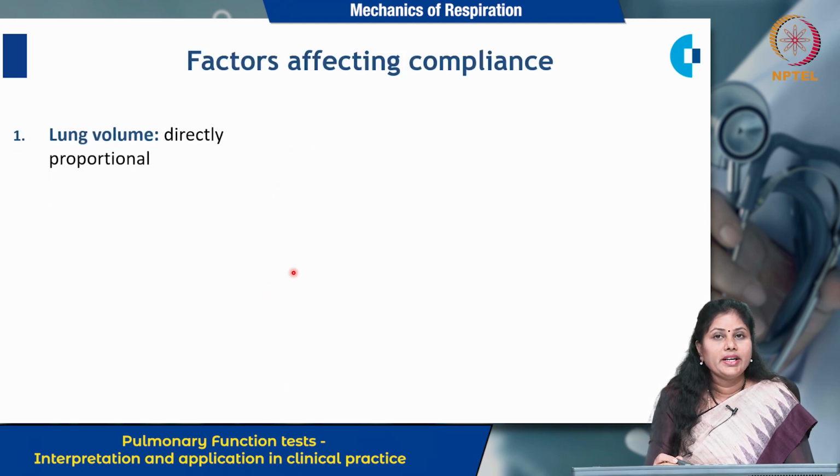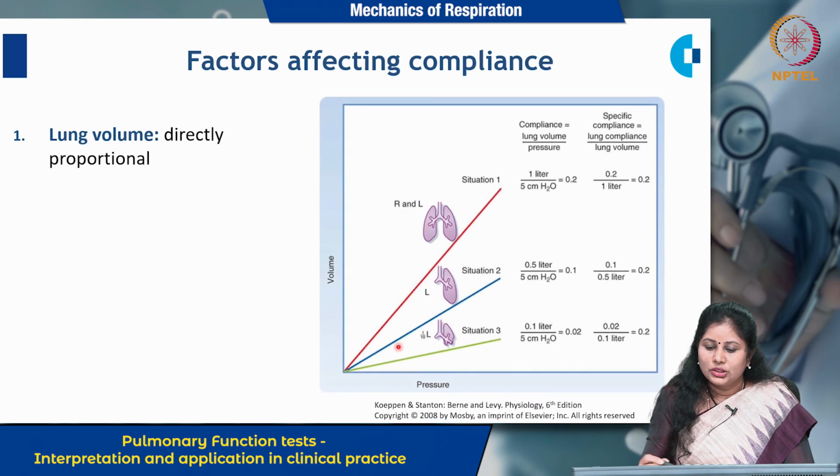The factors affecting compliance include the lung volume. If the volume is more, the compliance is also greater. In this picture, in situation 1 where you have both right and left lung, say with 5 centimeters of increase in the transpulmonary pressure, there occurred an increment of 1 liter inside the lungs, then the compliance is 1/5, that is 0.2. In situation 2, wherein only one lung is present, the compliance is exactly half, that is 0.1.